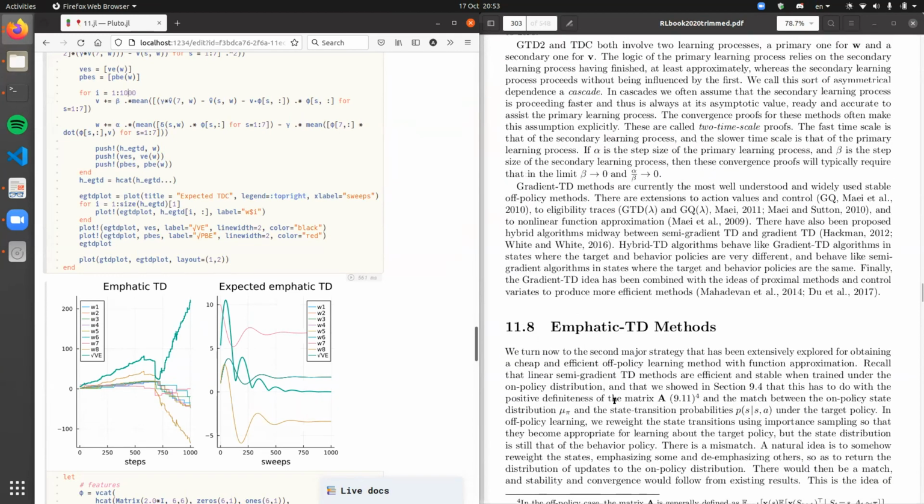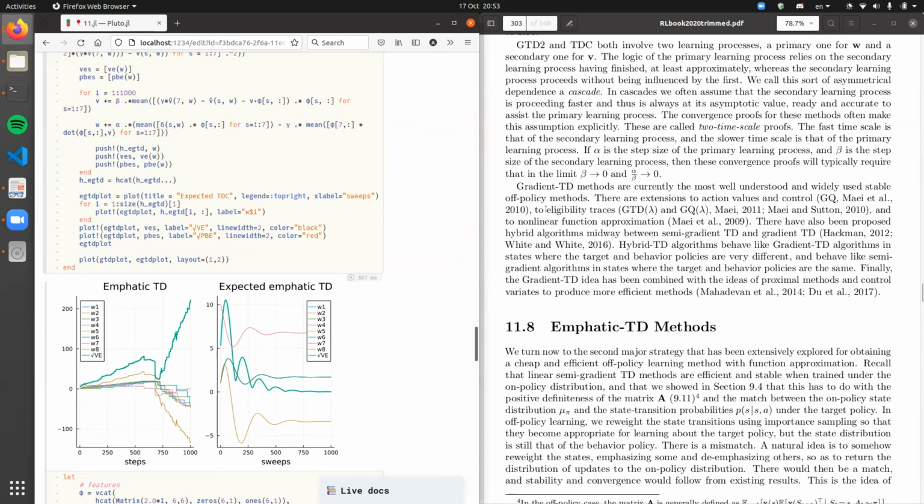And yeah, this is a popular algorithm, and there are extensions of it applied to eligibility traces. That is the topic of the next chapter.